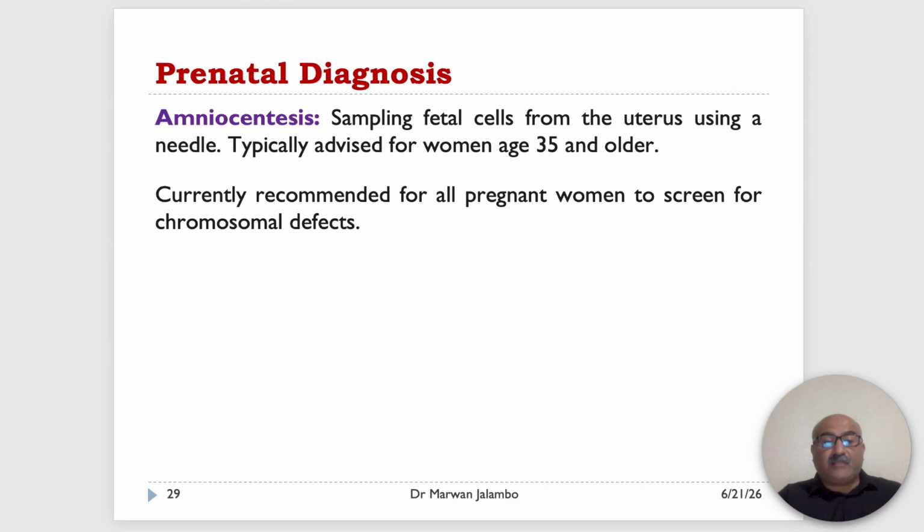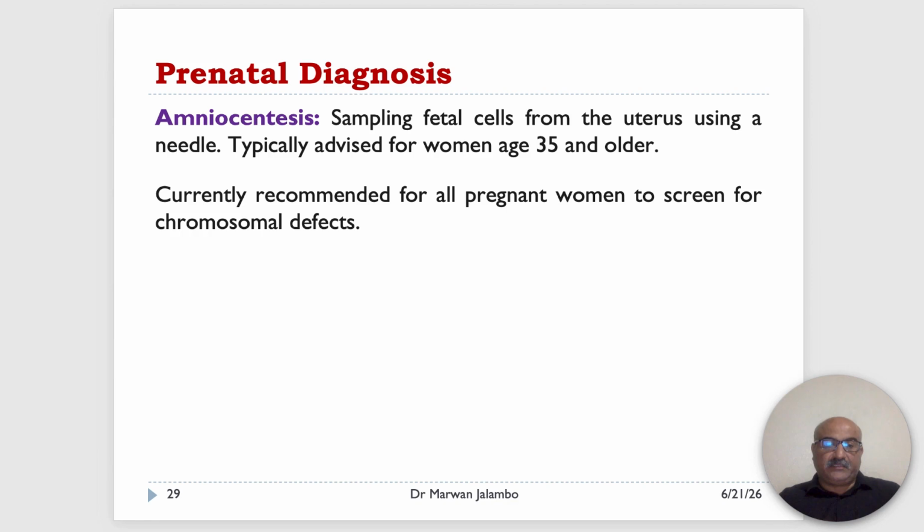Historically, this was advised only for women over 35 due to procedure risks, but with advancing safety and non invasive blood tests, screening is now recommended for all pregnant women.